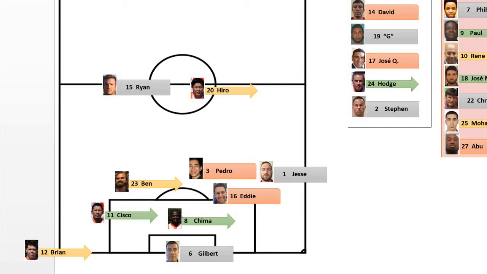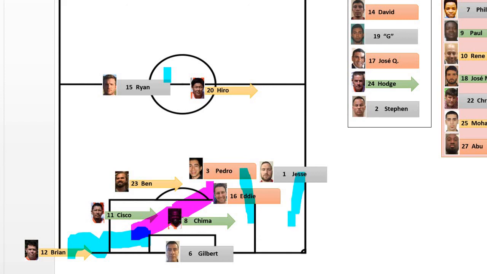Chima stays still on this, and really this is the most simple of our plays, but what we're trying to do here is get Eddie basically to pick his man off of Chima, and Brian is going to try to hit a ball near post, and Eddie's going to put it on goal, and then the other guys need to be ready to knock it in.